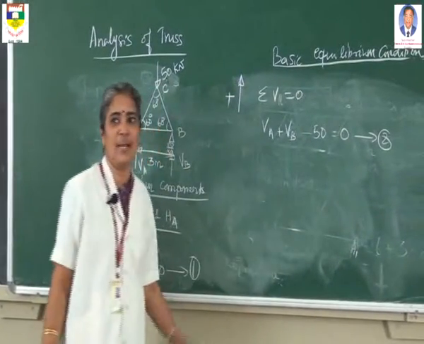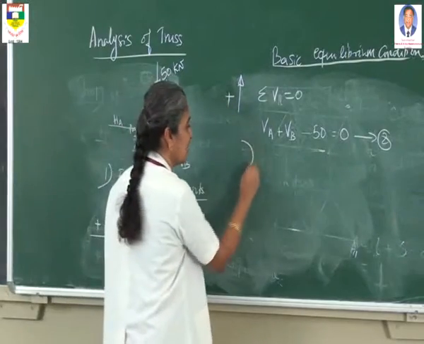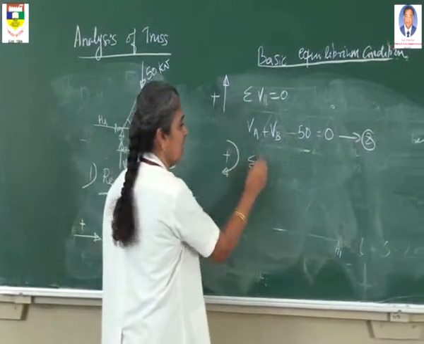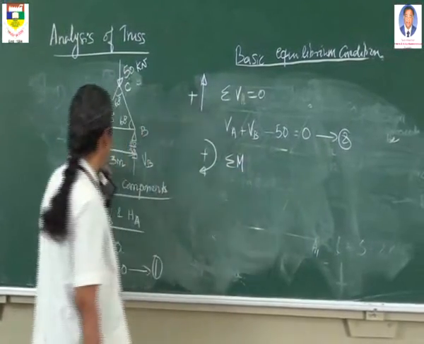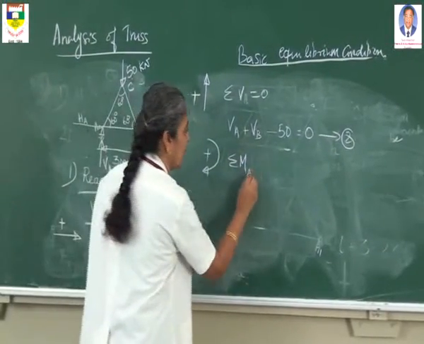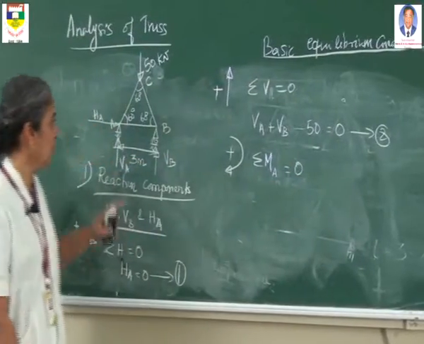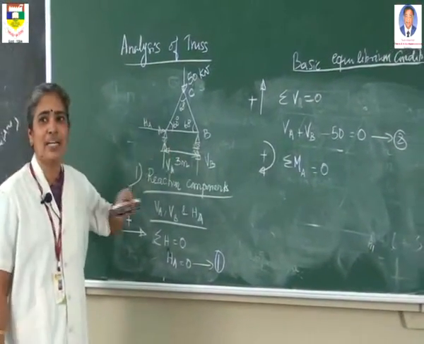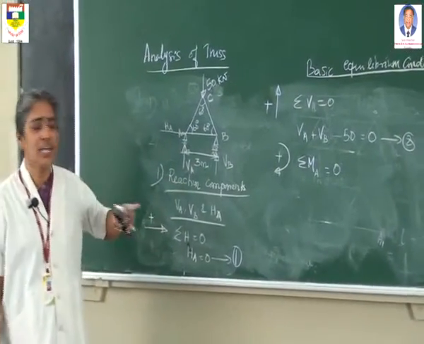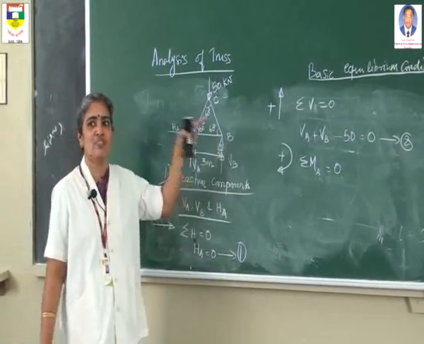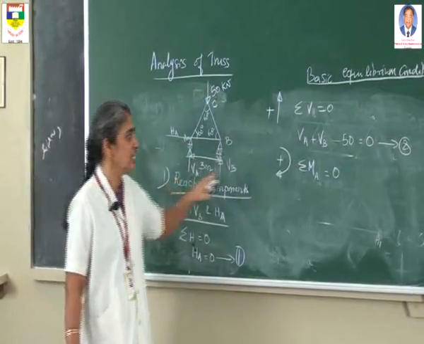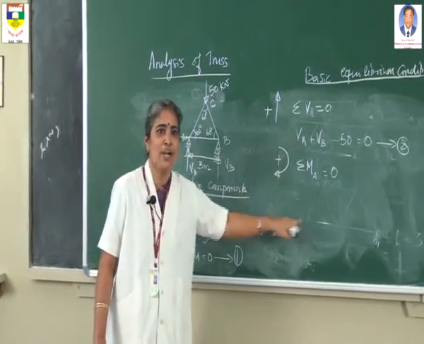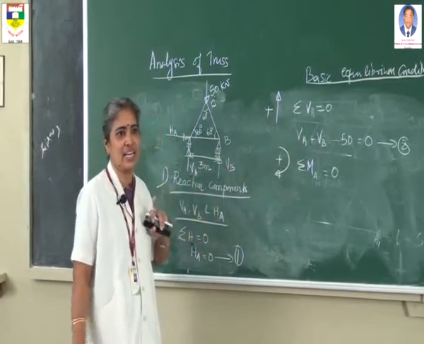Now you have to apply the third equation. That third equation is formed by applying the moment condition, the summation of moment at any point is 0. Here I am going to take the point A. The summation of moment at A is equal to 0. For this moment at A, I am using the sign convention that moments rotating in the clockwise direction are taken as positive, whereas if the moment rotates anti-clockwise, it is taken as negative.